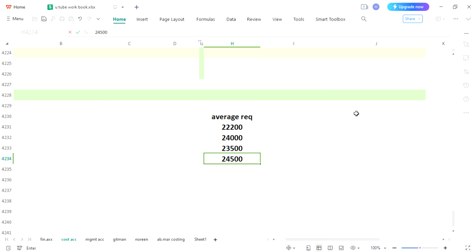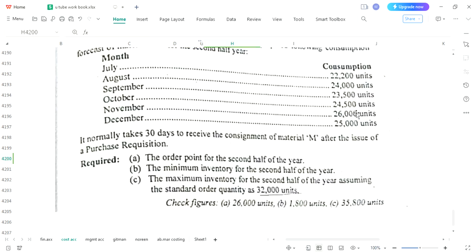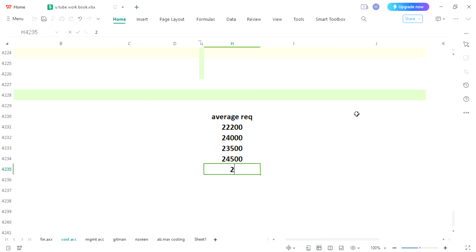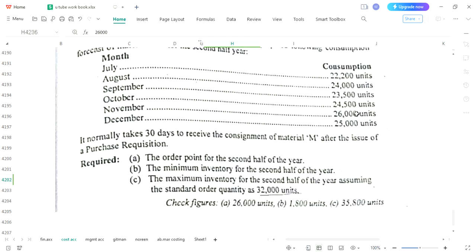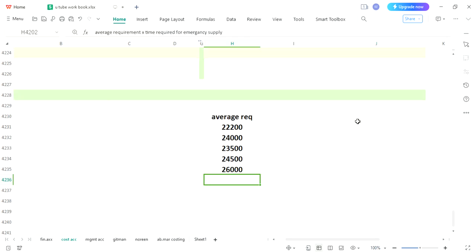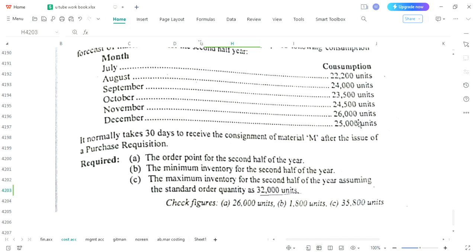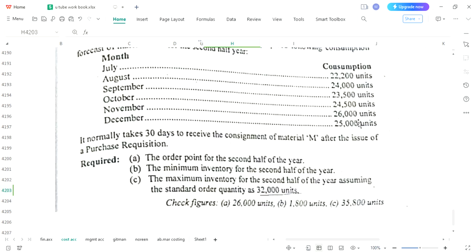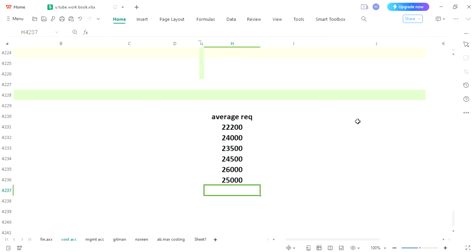After 24,500 we have 26,000, and then you have 25,000. I'm hopeful that all amounts are written correctly: 22, 24, 23, 24.5, 26, 25. It was important to check it.